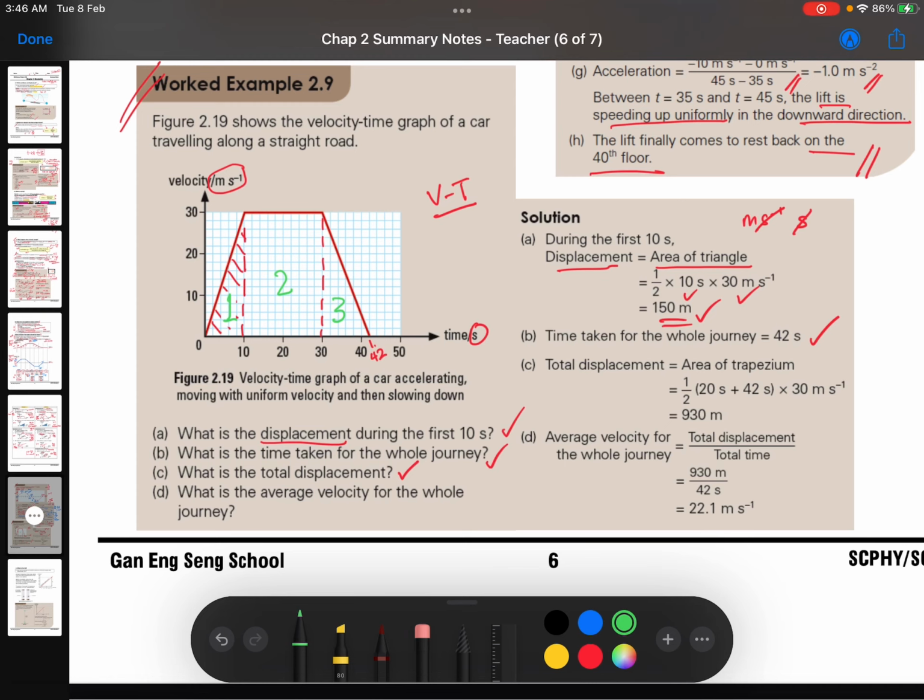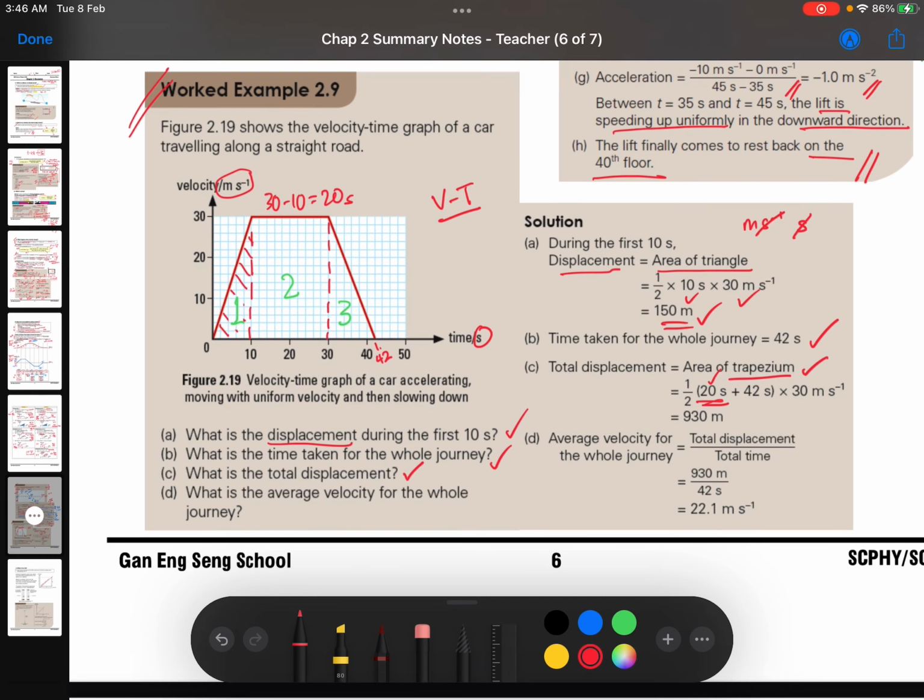Alternatively, right, you can use what is known as the formula for area of trapezium. Area of trapezium is half 20, right? How you get 20 is 30 minus 10 equals to 20. Now it's 20 seconds because the unit is 20 seconds. Okay. This is the top length, right?